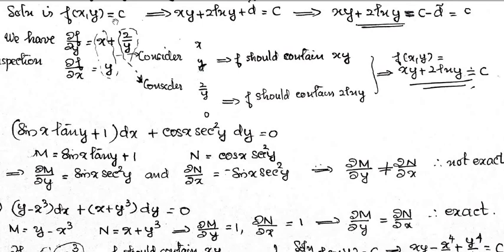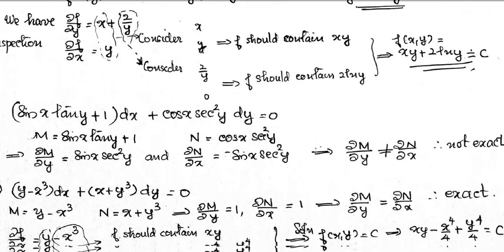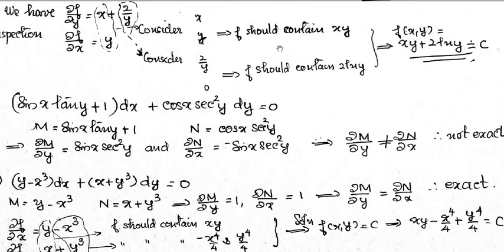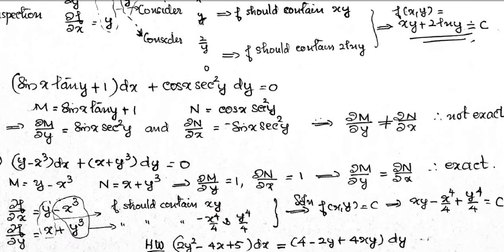So by inspection, we can find out directly the solution. f of x comma y is equal to xy plus 2 ln of y equal to c. So use any of the three methods. This is the easier method to find the solution.